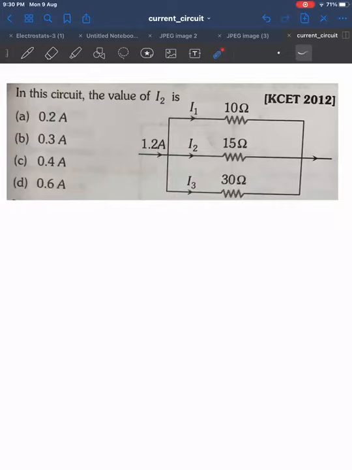So where this current 1.2 ampere splits into three, I1, I2, and I3, and again combines over here. Okay, so we just want what is I2. Okay, I got one answer.